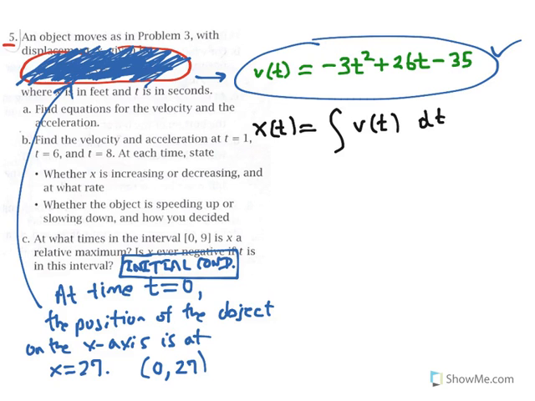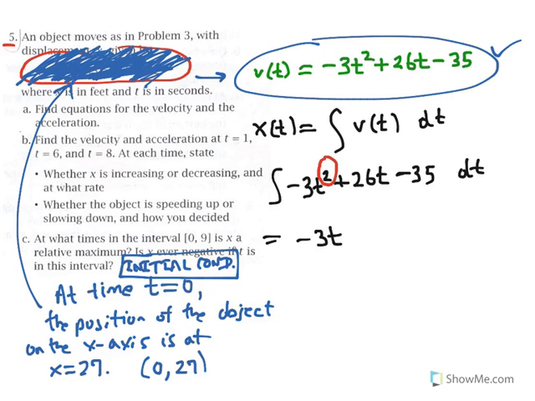So now we're just going to go ahead and do this. So the velocity function is negative 3t squared plus 26t minus 35 dt. And now you're going to integrate term by term. Just like we saw with the previous example, you're going to add 1 to the exponent here. And when you do that, you get t cubed, and you'll divide by the new exponent of 3.